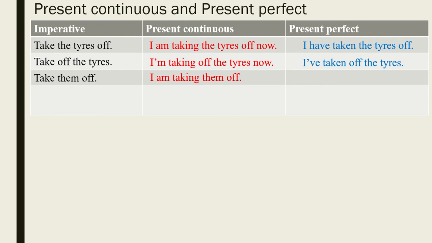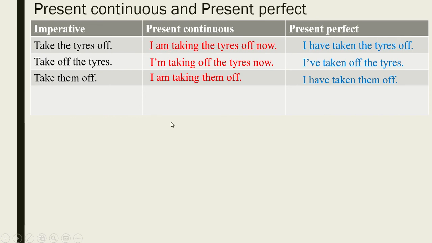And the present perfect is: I have taken them off. Now, you will notice the contraction here. I am can be contracted to I'm, and I have can be contracted to I've. This is the contracted form of I have, and this is the contracted form of I am.